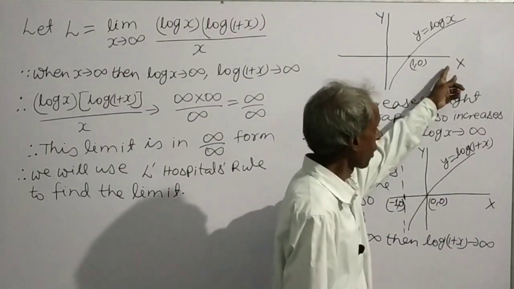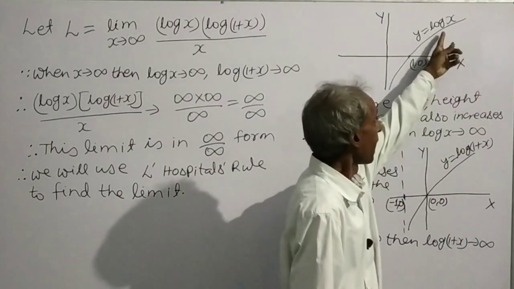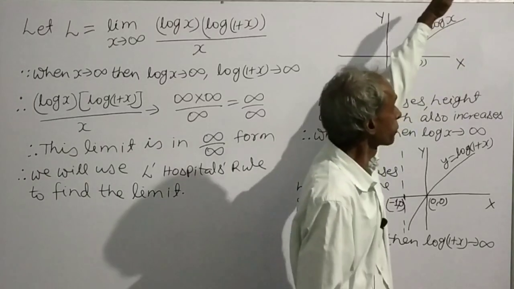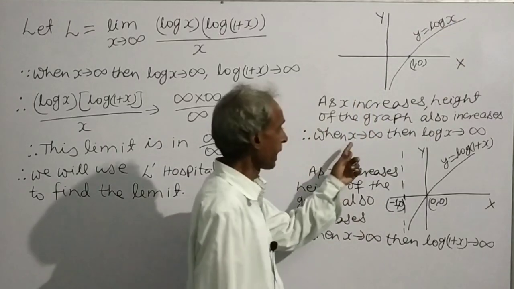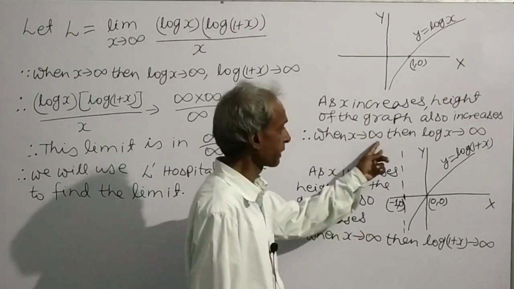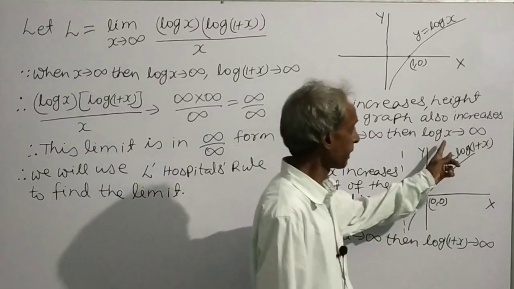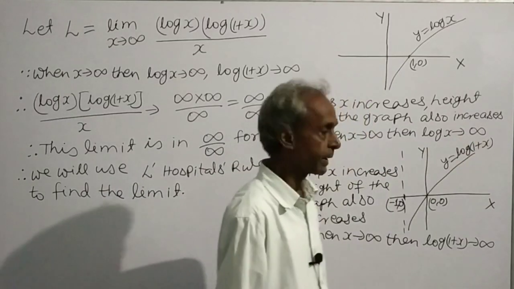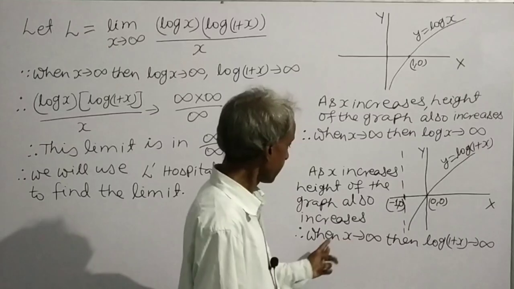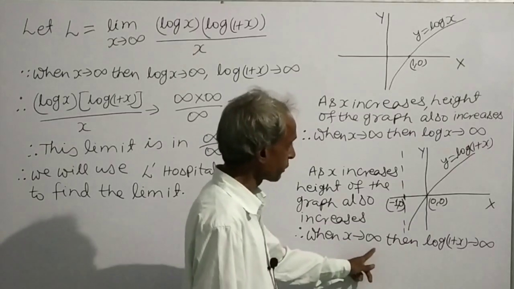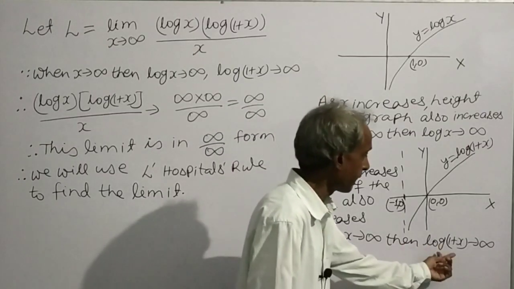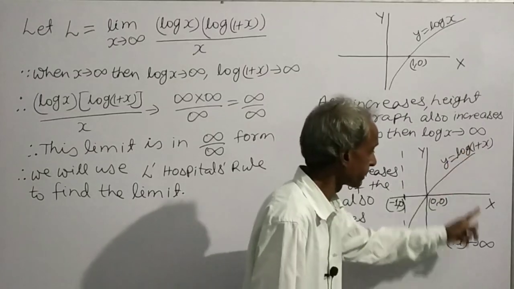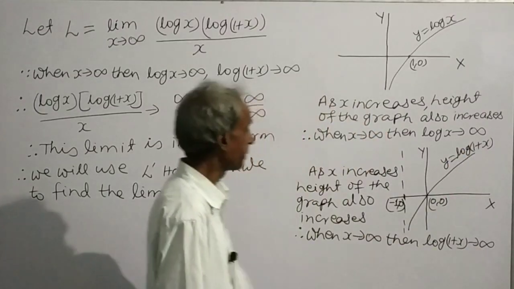As x coordinate increases, height of this graph also increases. That means when x tends to infinity, then log x tends to infinity. Similarly, when x tends to infinity, then log 1 plus x tends to infinity.